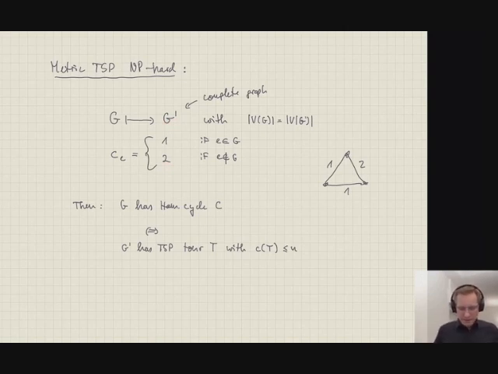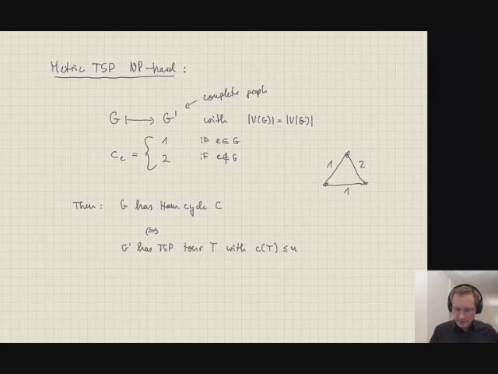So that means the decision problem now, does there exist a traveling salesman tour of cost at most n, is exactly equivalent with the existence of the Hamiltonian cycle in the original graph. So we still have a reduction from an NP-complete problem. And so the metric TSP is indeed still NP-hard.